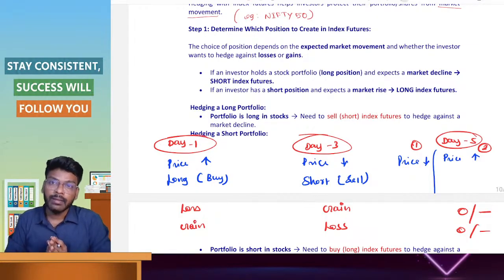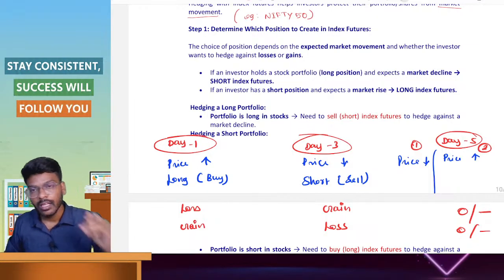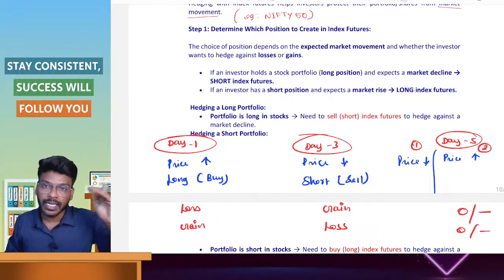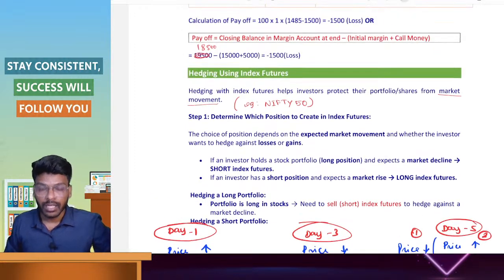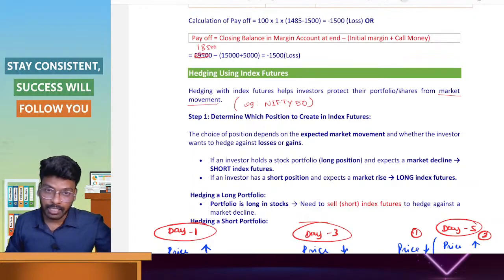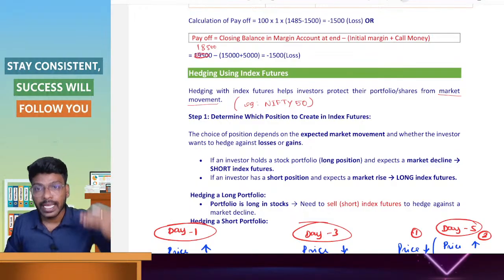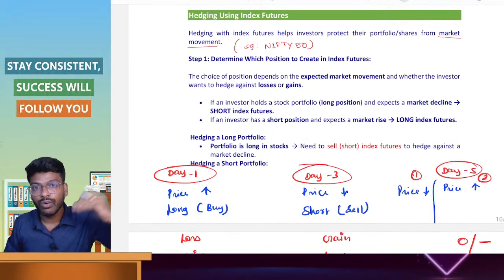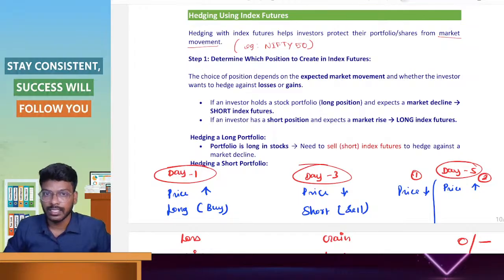It is based on the expectation. If the investor has the expectation that price will decrease, you have to go for a short position. If price rises, you have to go for a long position. Okay, that's it.